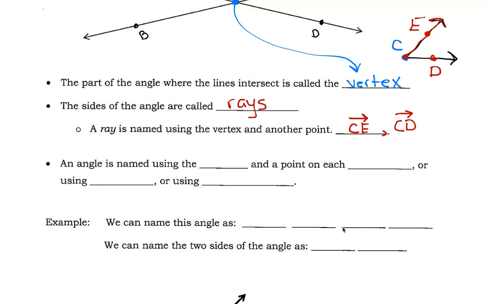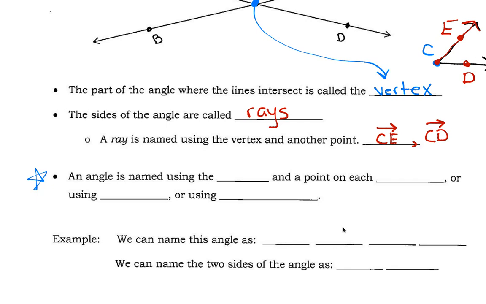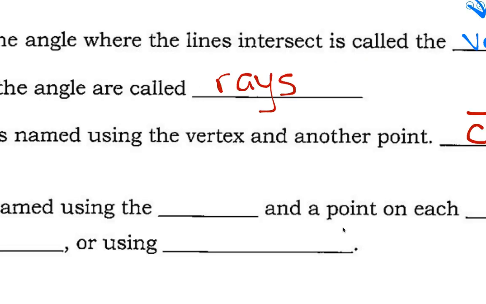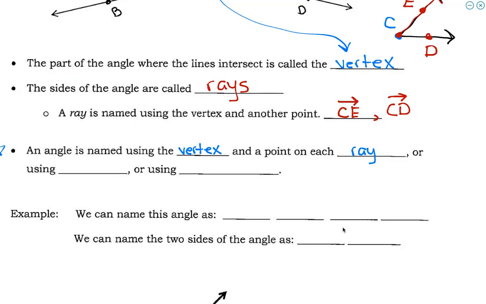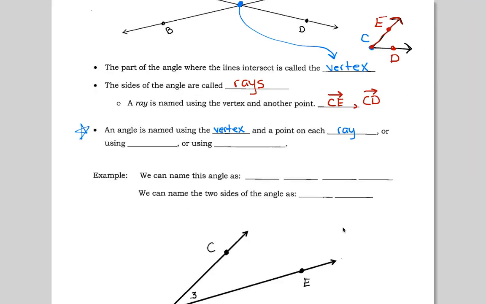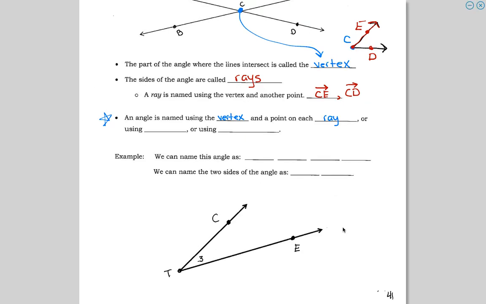All right, now we won't name rays a lot, but we will name angles quite a bit. So an angle is named using the vertex and a point on each ray. So as I give the strategies for naming an angle, I'm going to use the example down below so we can see what that means.